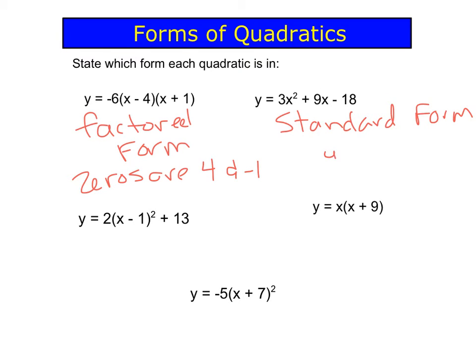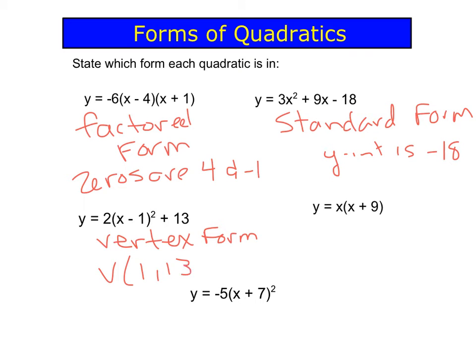And again, the y-intercept here is -18. The third one is in vertex form. And the vertex is (1, 13). Remember, out of the bracket, it's always the opposite number, okay?